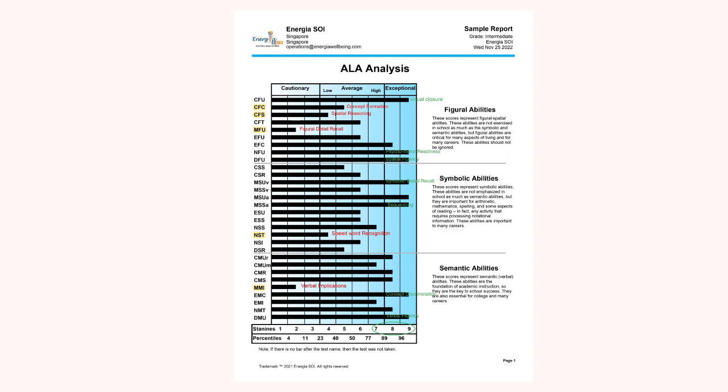So if you see any results in the high range, 7, 8, or 9, congratulations. That is definitely a reason why you're so successful today. You're probably using those skills regularly, and those things are really easy for you, and they contribute to your success, whether you're learning or whether you're working.